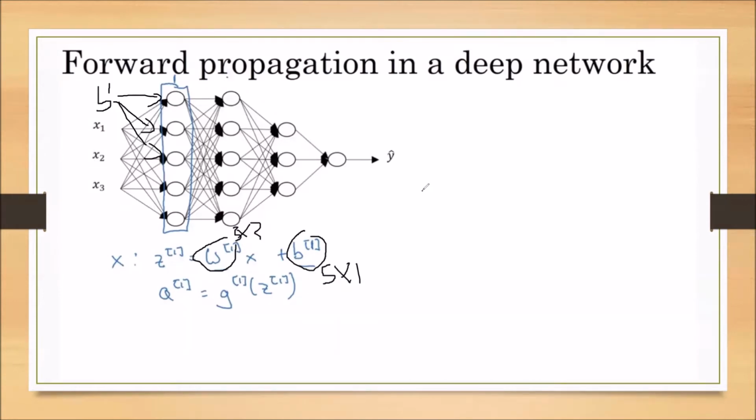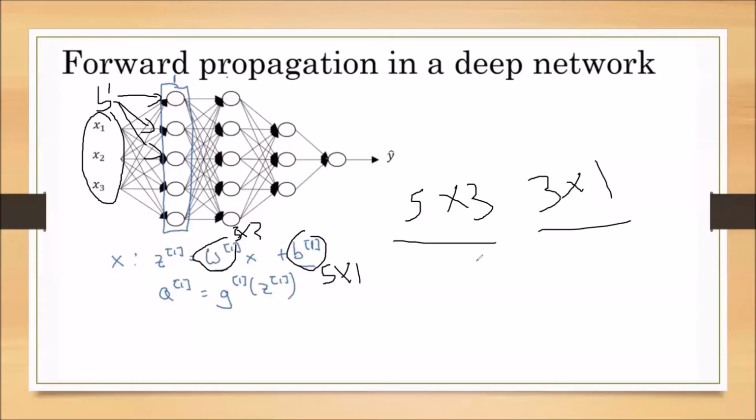X is the input features we give for one training sample. How many features are there? 3 features. If we take 3 rows, then it is a 3 by 1 matrix. Whenever we multiply these two matrices, the resultant is a 5 by 1 matrix. So W into X is a 5 by 1 matrix.